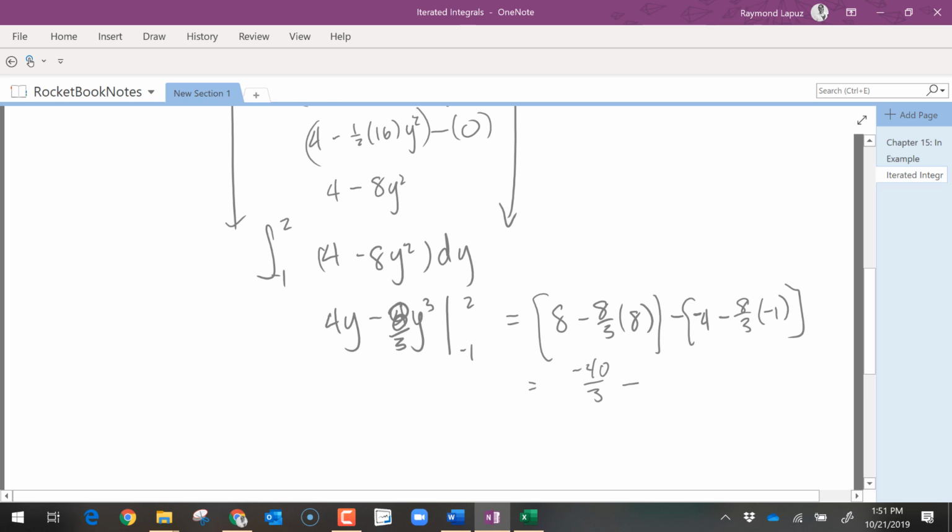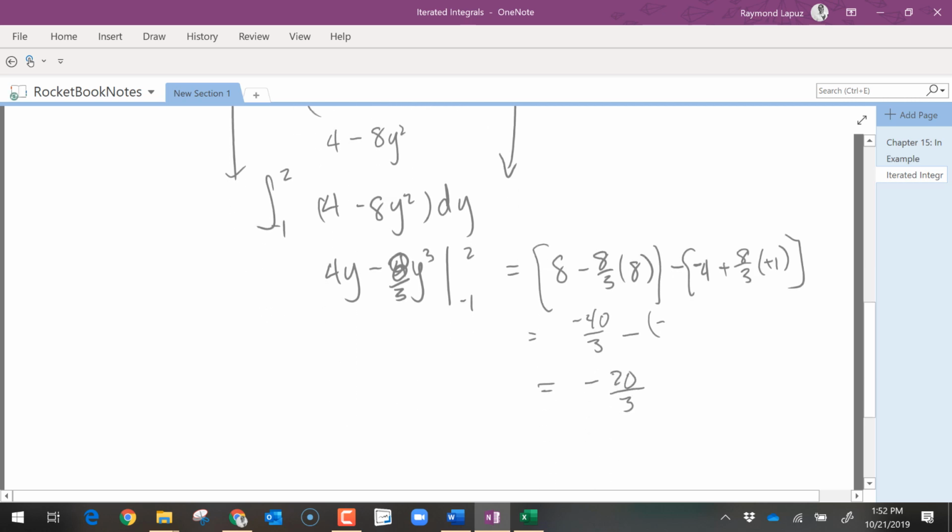Minus, so this will become a plus 12. 8 minus 12. Negative what? What's the final answer? Just 12, period? -20 over 3.